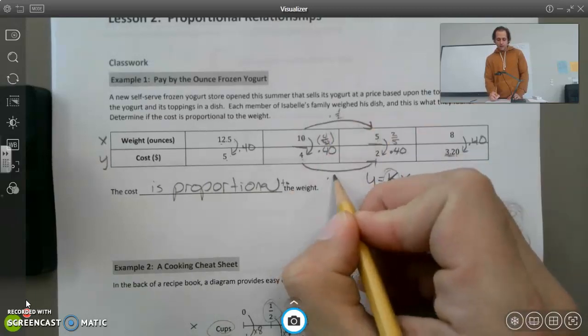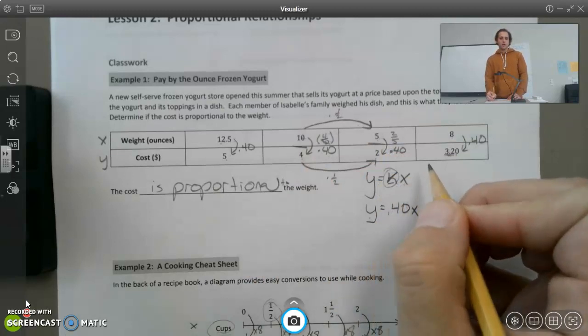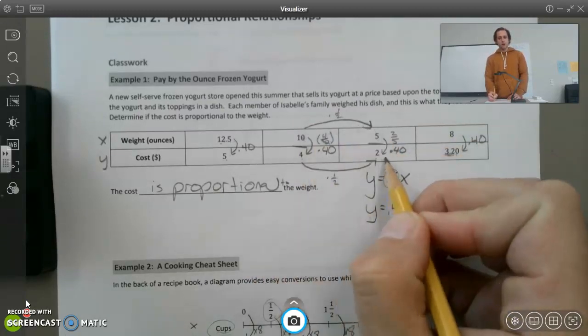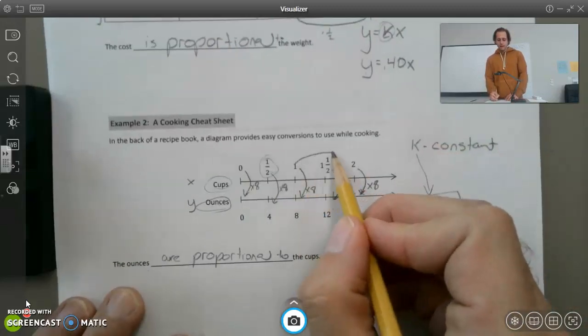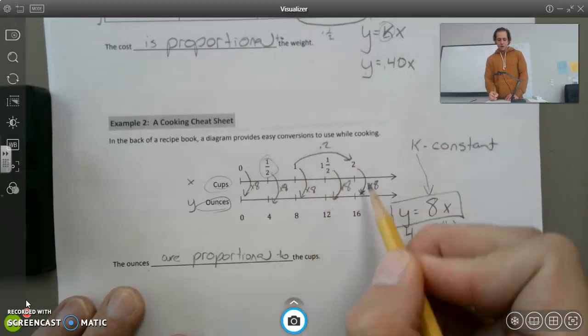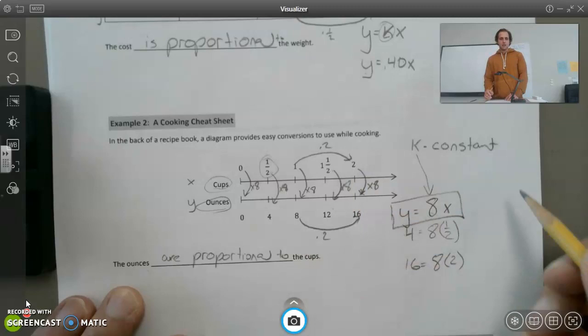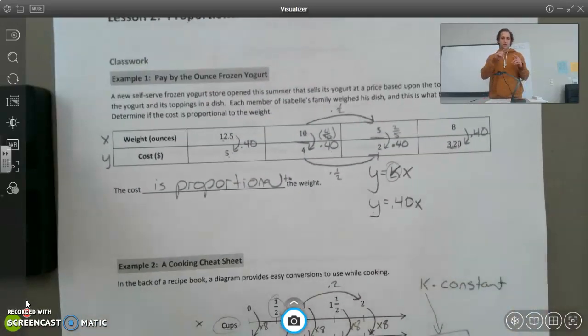This is called scaling, and whenever we have a proportional relationship, it should scale by the same multiplier as well. So even if we went down here at the bottom, 1, times 2 would give me 2. 8 times 2 gives me 16. So the idea here is that we could also look at this proportional relationship and see that it scales up by the same multiples.